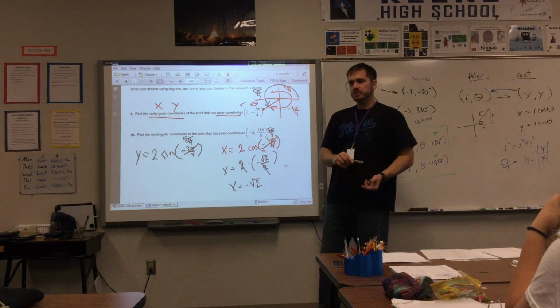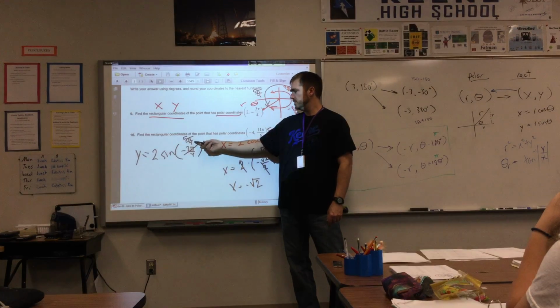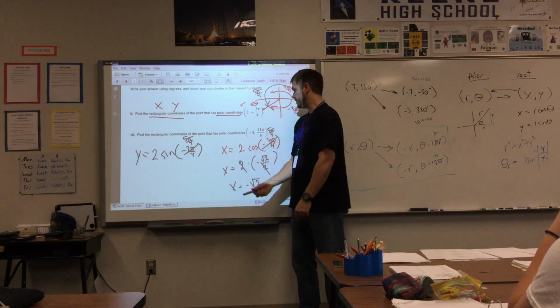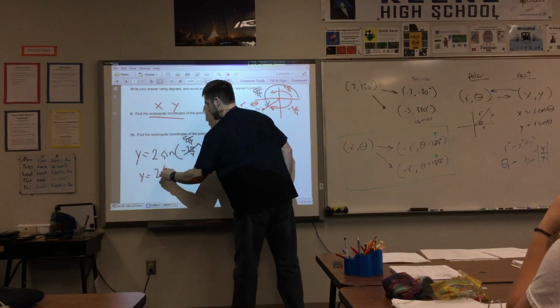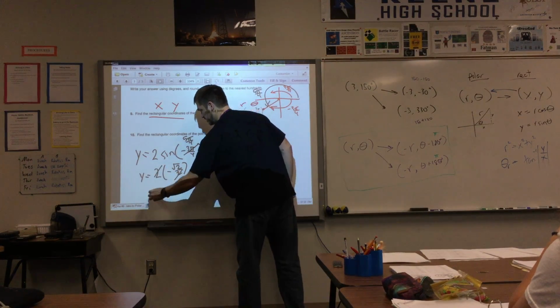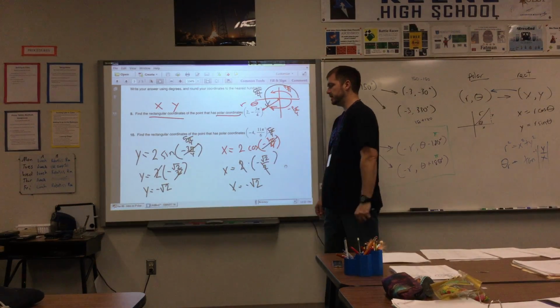And so to the unit circle we go, same reference angle, but now we're looking for the y coordinate, which is also negative root 2 over 2. So our y value is 2 times negative root 2 over 2. So y is negative root 2.